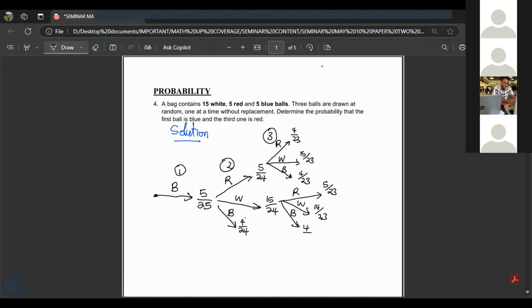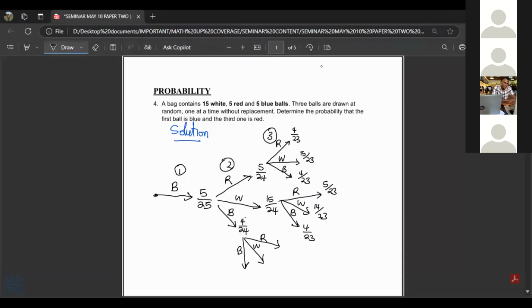Then from this, we can also have 3 options: red, white, and blue. Choose a blue ball. They already picked out 2, so you have 3 left. So the chances are 3/23. Then choosing a white one the first time, you'd have 15/23. Choosing a red one the first time, you'd have 5/23.